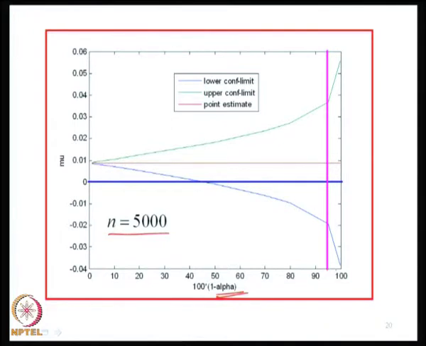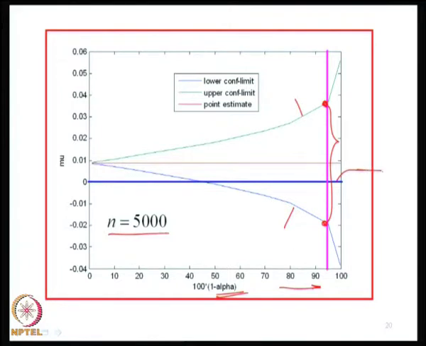As our confidence level increases, the width of the confidence band widens. Okay. So, at 95% the confidence interval is this. This is the upper limit of the confidence interval, and this is the lower limit.